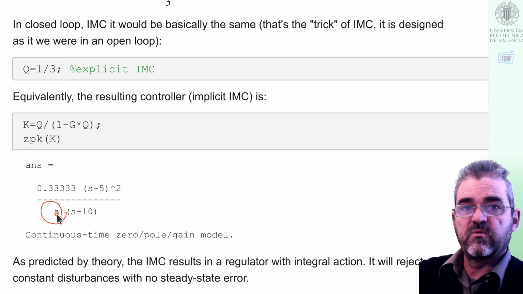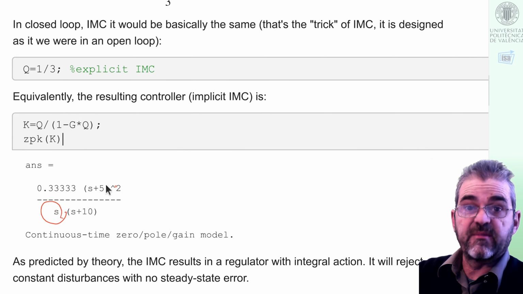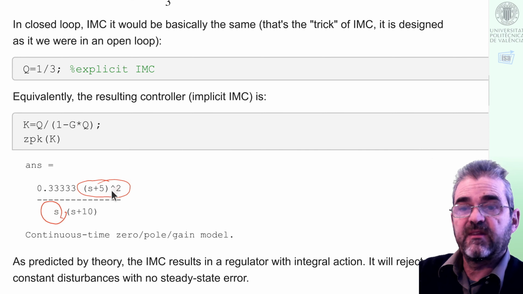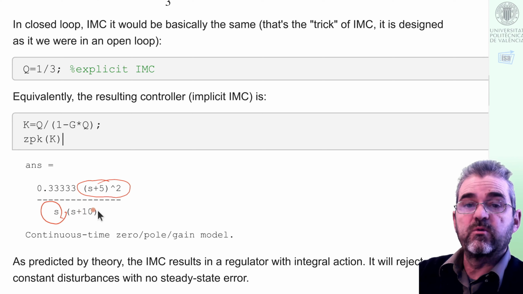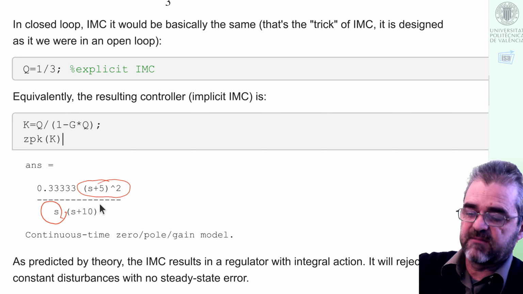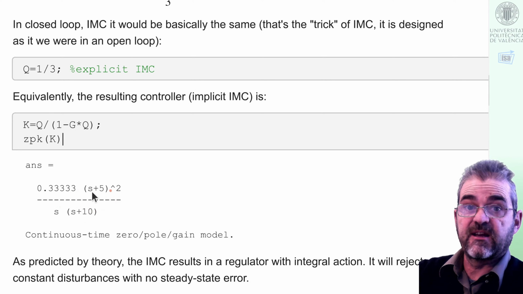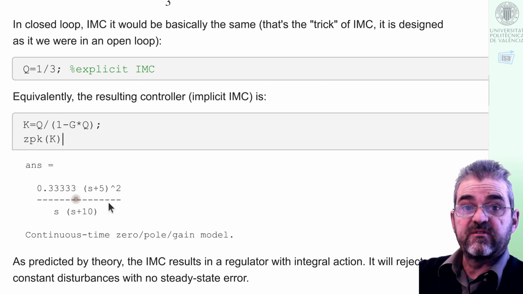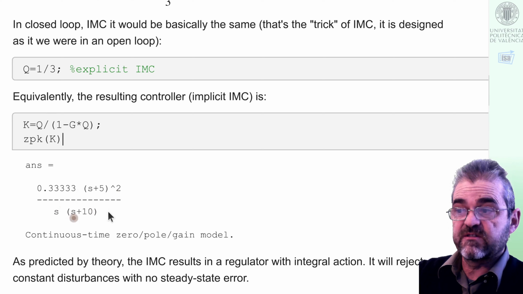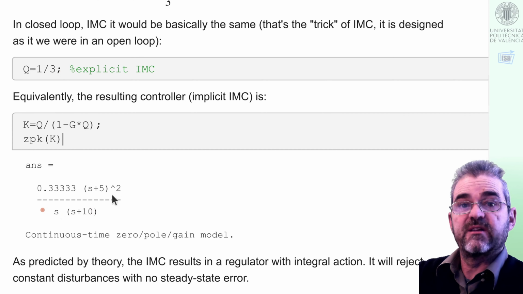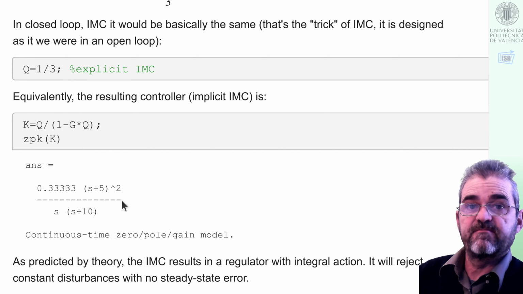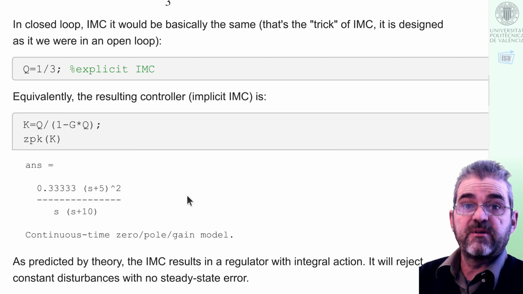As theory predicts, we have integral action, and also predicted by theory there is some cancellation of the plant dynamics, and well, in this case the controller also adds a fast pole, so this transfer function in this second order case can be thought of as a PID controller with a noise filter at 10 radians per second. So let us simulate this controller in closed loop, setpoint response and disturbance response, and extract our own conclusions on how this works.